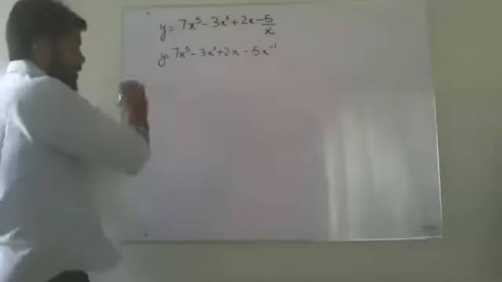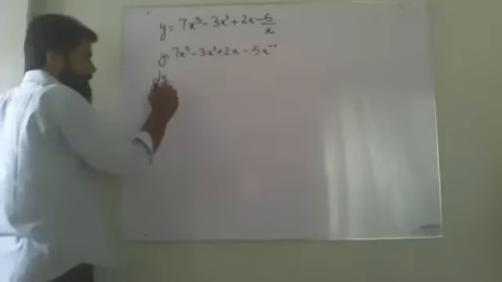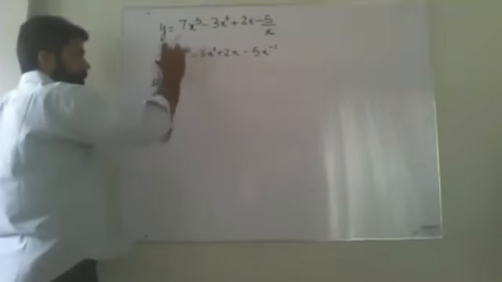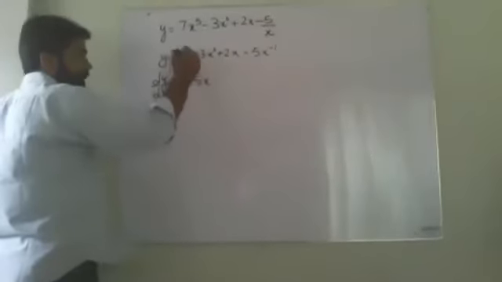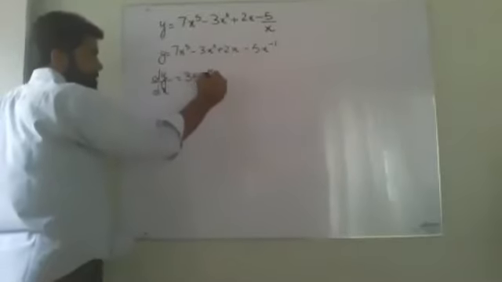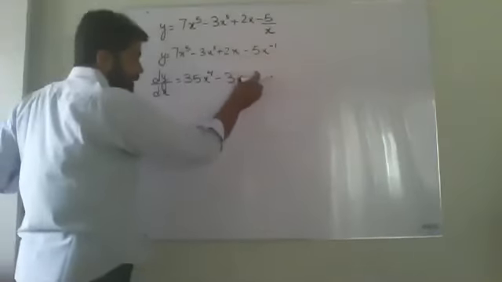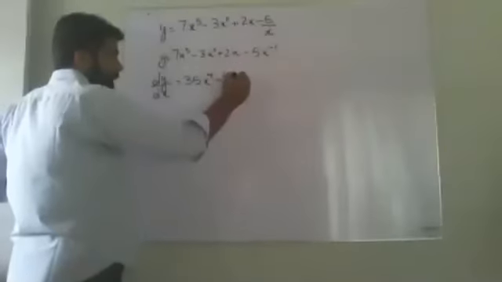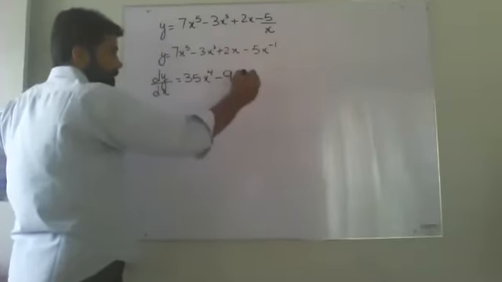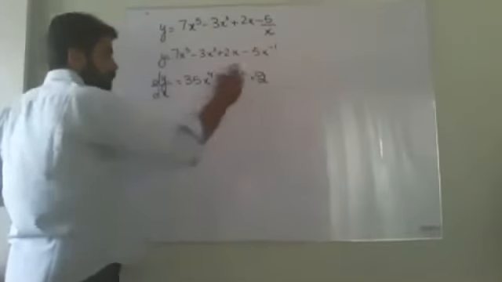So now there is nothing else I can do over here. Now I'm writing dy over dx equals 7 times 5 is 35 x power 5 minus 1 will be 4, minus 3 multiplied by 3 will be 9x square, plus 1 multiplied by 2 will be 2.